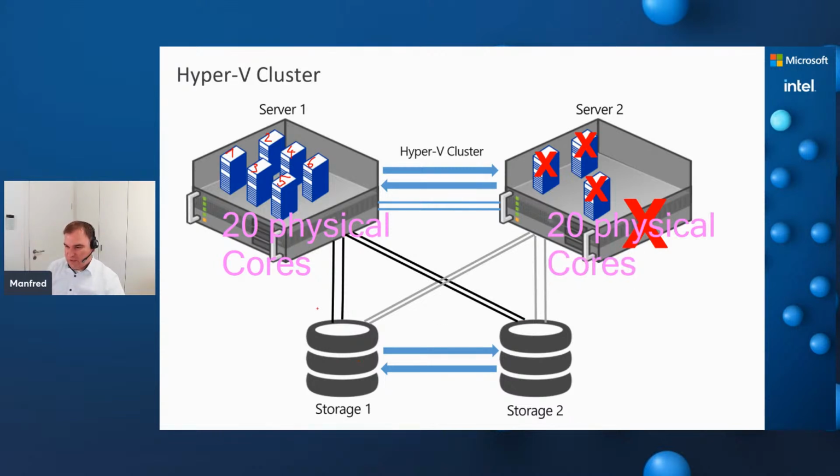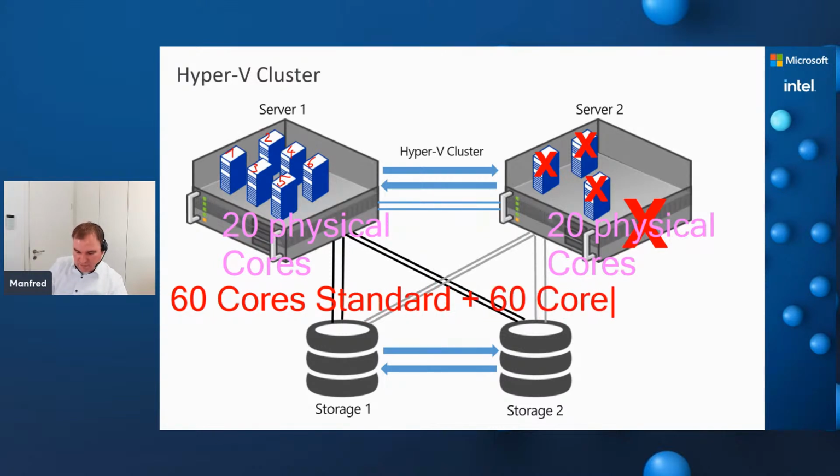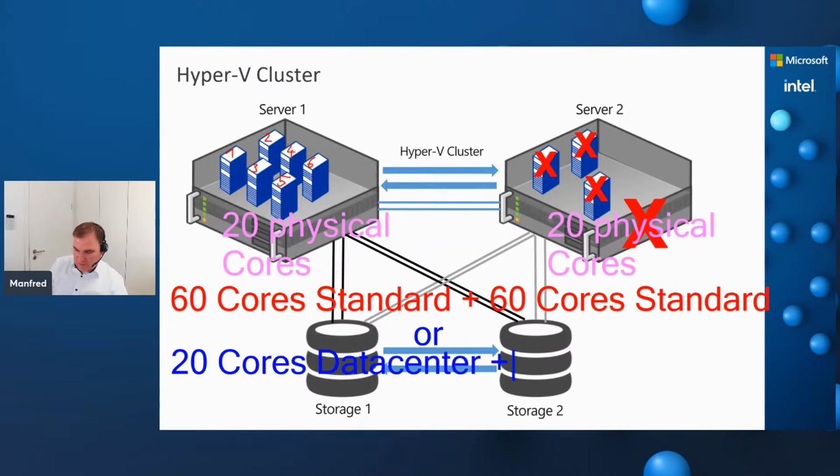Then this means we need 60 cores Standard plus 60 cores Standard on the right-hand side. Or we need, let's take the blue one, 20 cores Datacenter plus 20 cores Datacenter.